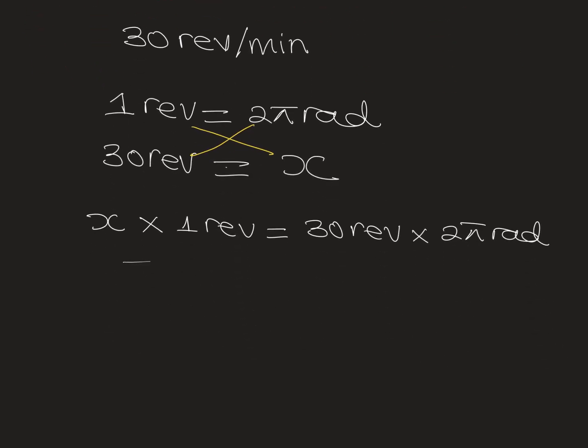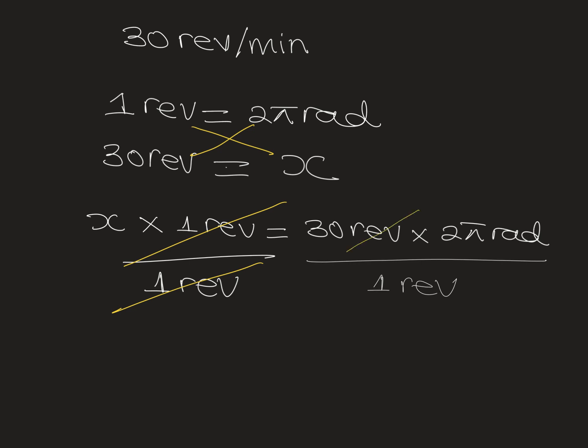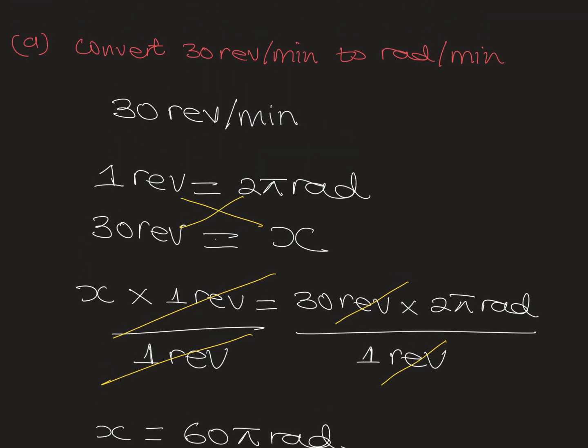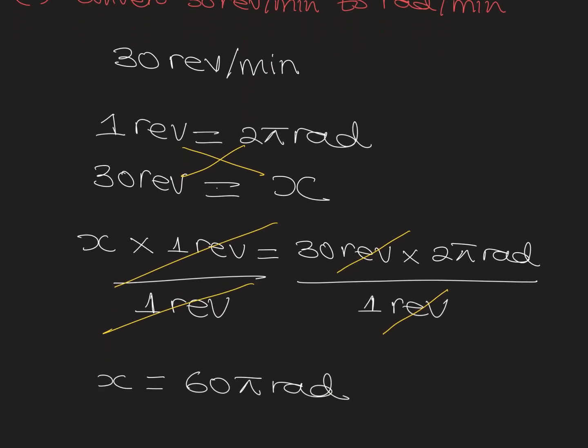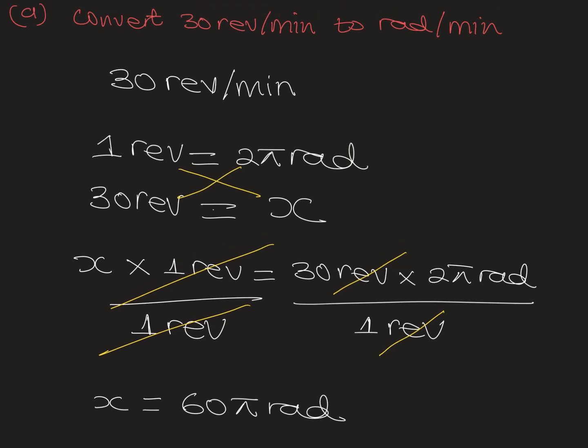To find x, we divide both sides by 1 revolution. This will cancel this, revolution cancel revolution. So it means x is equal to 30 times 2 is 60, so that will be 60 pi radians. So we are able to convert 30 revolutions into radians, which is 60 pi radians.